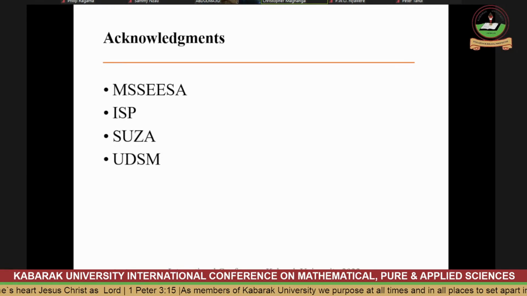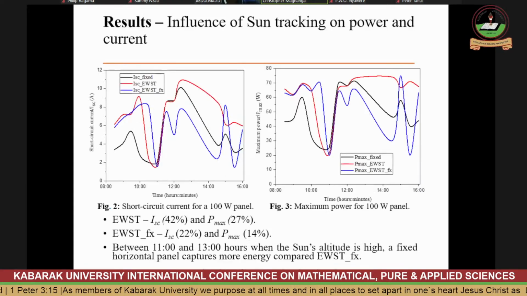If you are to do it practically, did you consider the fact that the same energy being harvested will still go back to actually rotate the tracker? That is question number one. Number two is what is happening at 11. Figures 2 and 3 show that there's a dip at around 11 a.m. What's happening there?